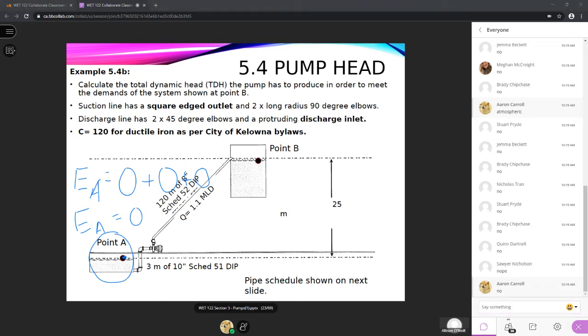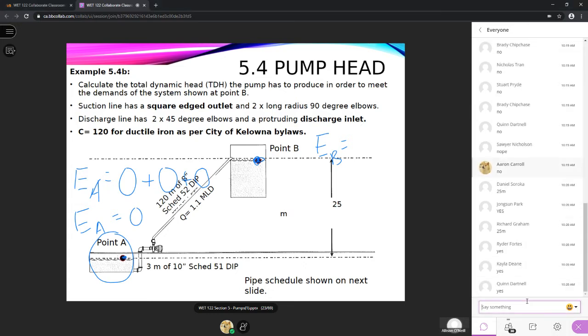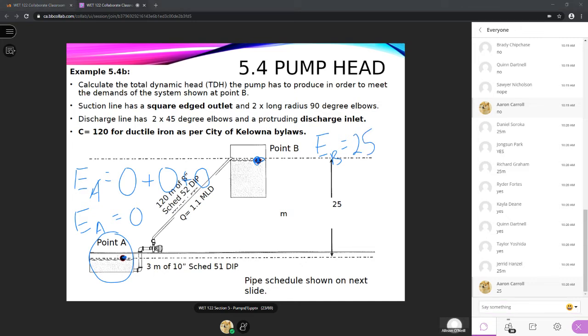Now, if we look at our finishing energy point here, do we have elevation energy? Yeah. As a couple of you said, we've got 25 meters of elevation energy.